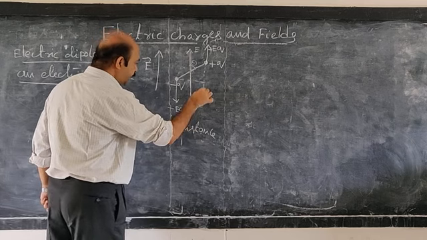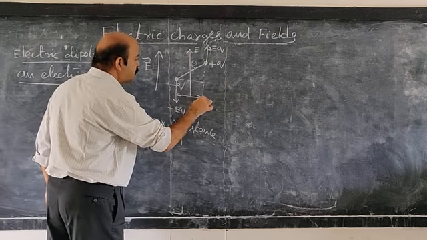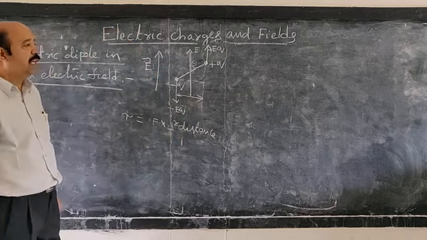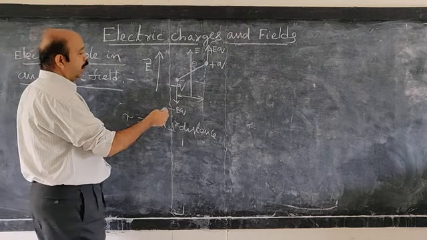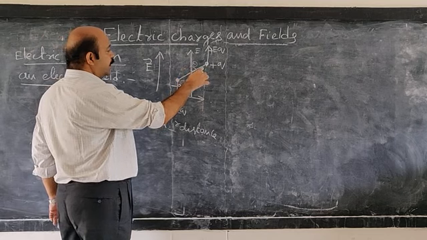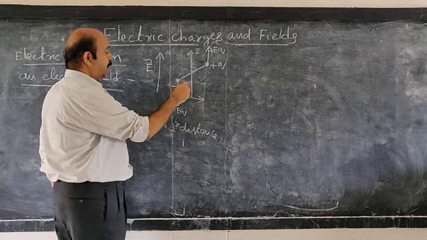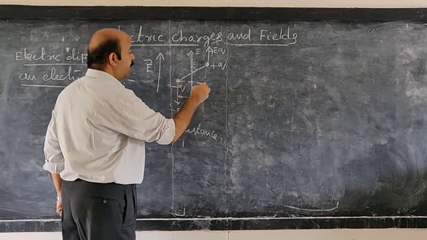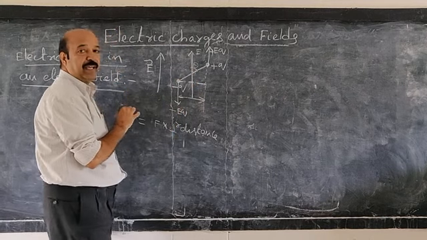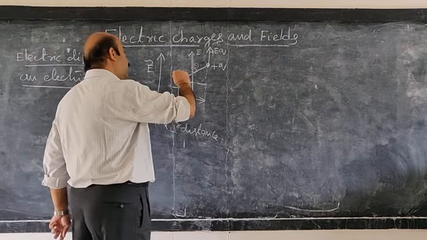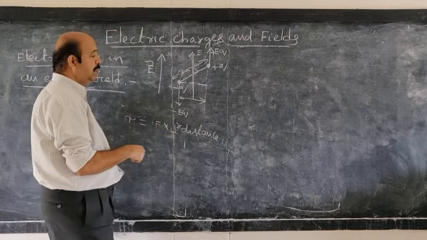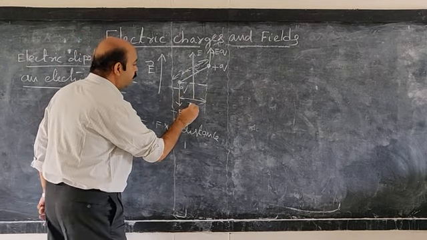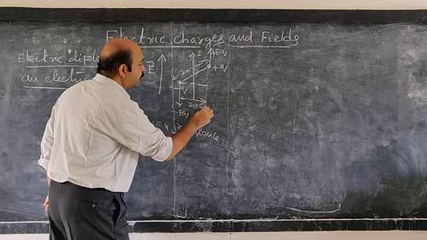This distance is what you are supposed to know, that is the distance between the lines of action of the pair of forces. From the figure, if this is theta, this is 90 minus theta, because this angle is 90. And this distance is 2a, that is the length of the dipole. Therefore, this distance will be 2a sin theta.